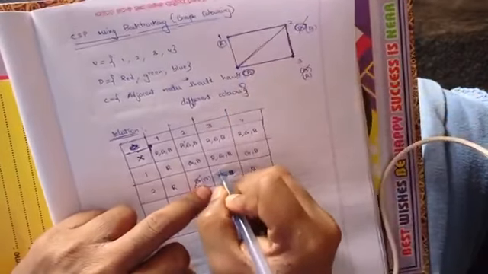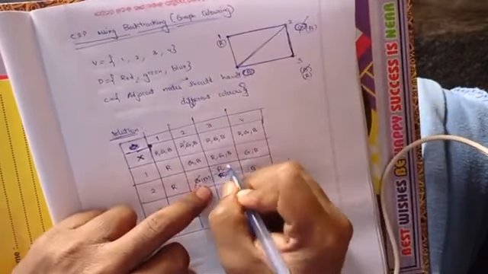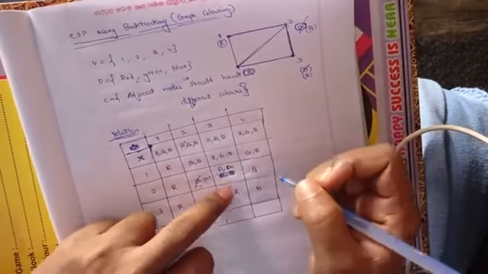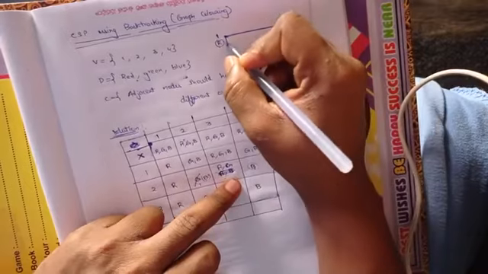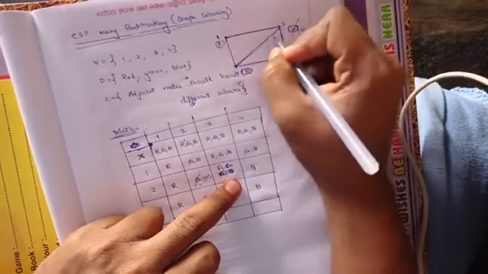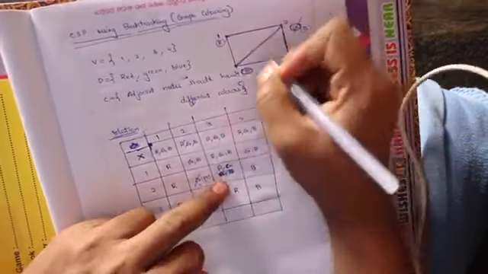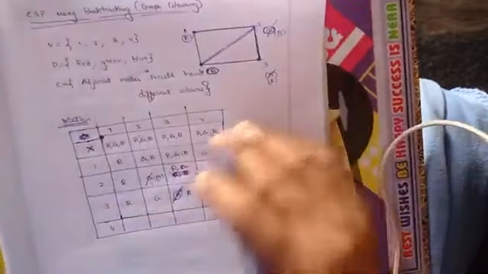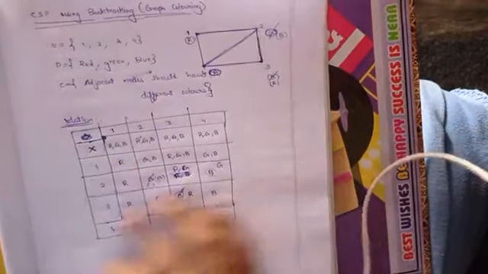So 4 will only have red and green colors. Red color should not be used because it is there, and 2 has already used blue color. So the only color we have to use is G. So this is how we will be doing it. This one is the correct step, or this one is the correct step. Based on our assumptions and the backtracking techniques, we will be using all those things.